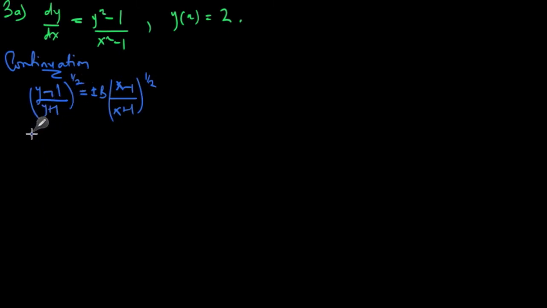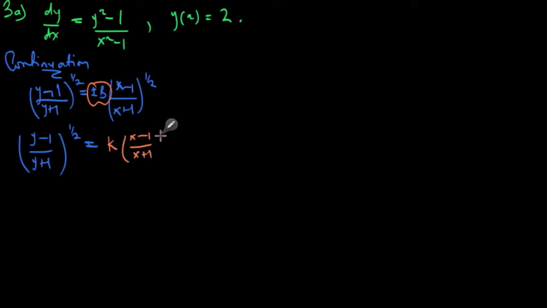Now this is the same thing as (y minus 1)/(y plus 1) to the power half equals, I could rewrite this as my plus or minus b is a constant. Let me call that k, k into (x minus 1)/(x plus 1) to the power half.